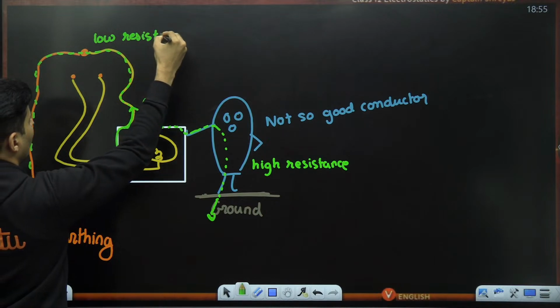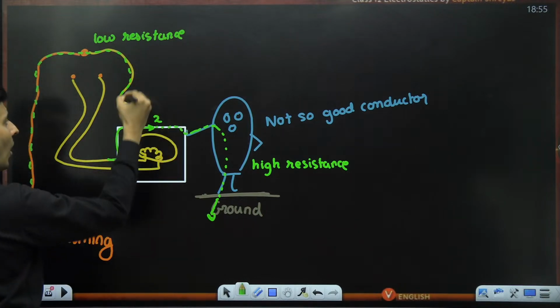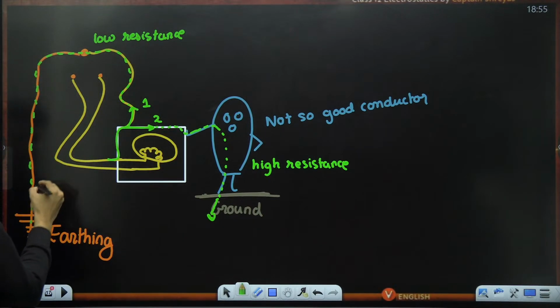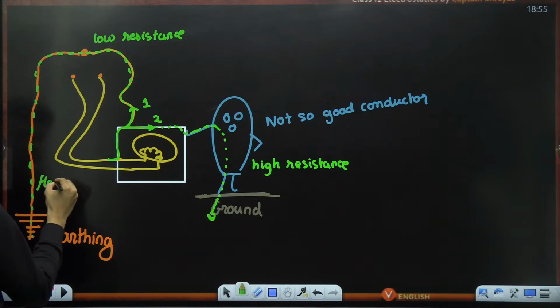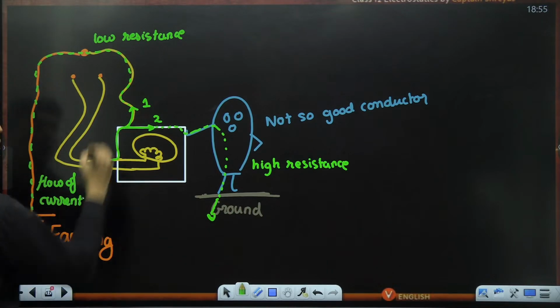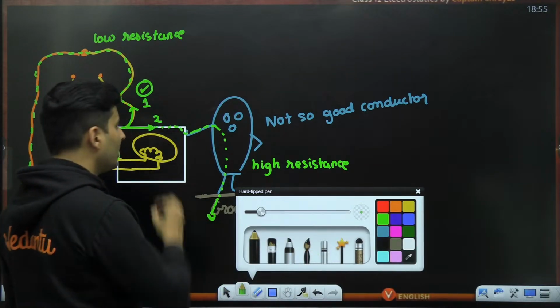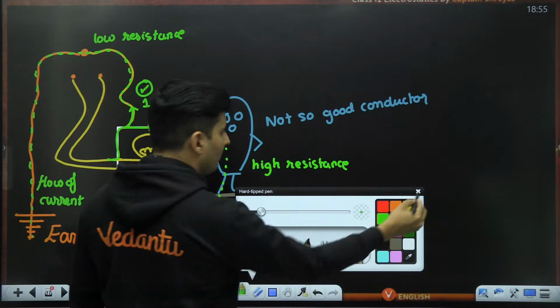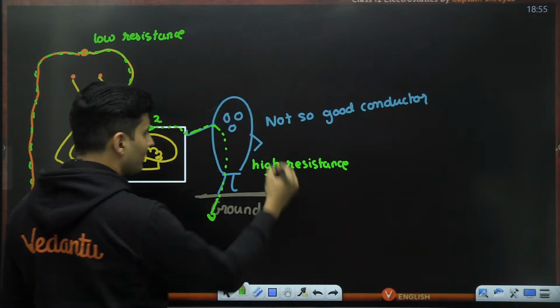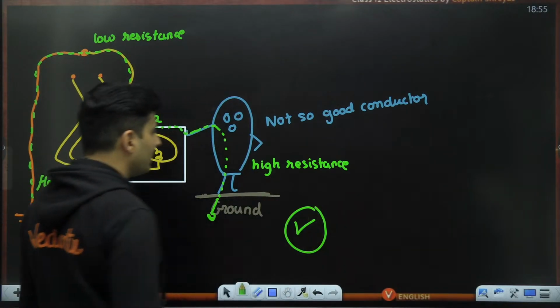So all of the charges will flow from here. There will definitely be flow of current via path 1. Pandu, nothing will happen. So our Pandu will be basically safe.